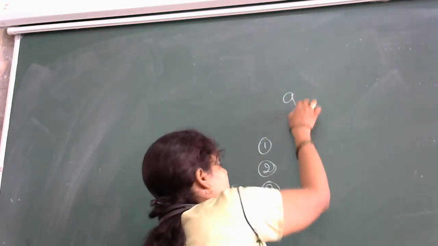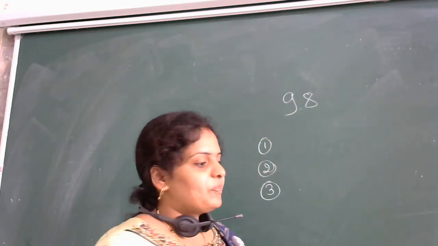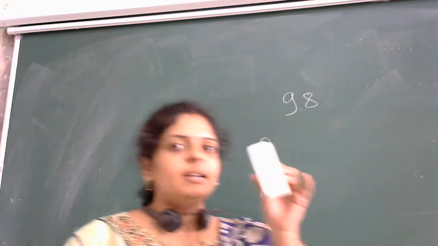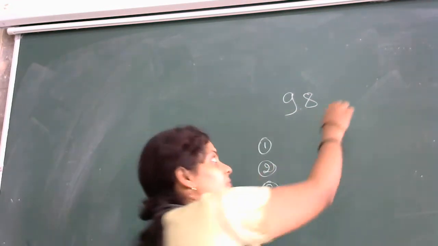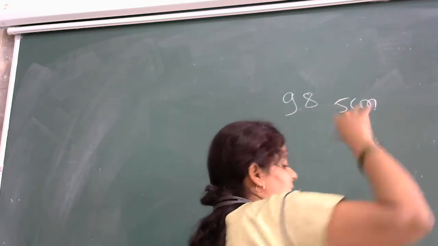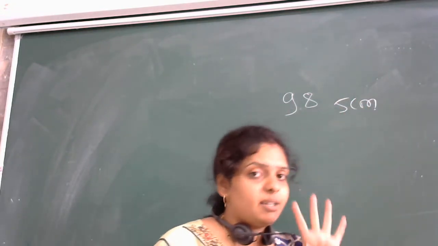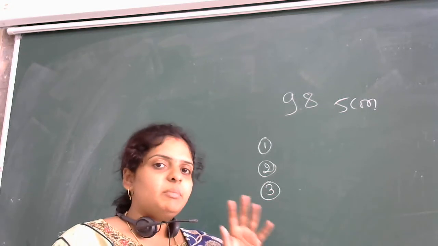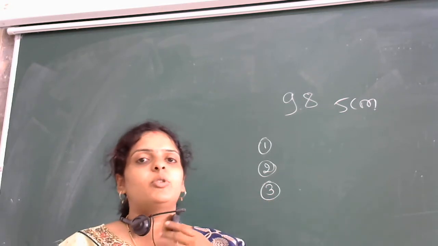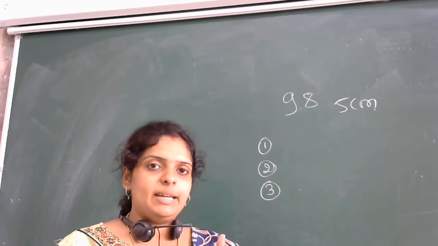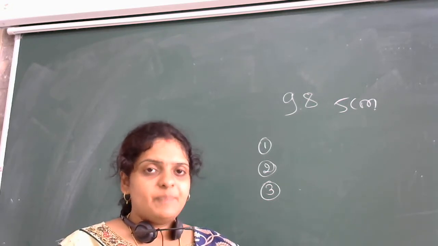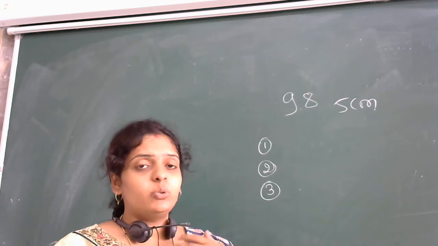Suppose the standard value is 9.8. For example, if I measure the length of this duster, suppose it is 5 centimeters, the standard one. One student will come, do the measurement and get 4.95. Another will get 4.9, 4.8, and someone may get 5.1.